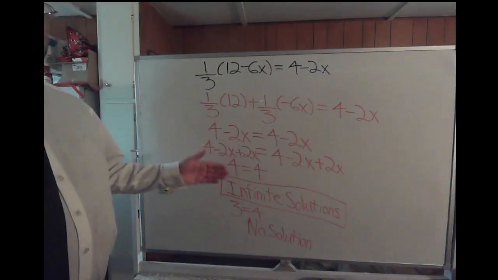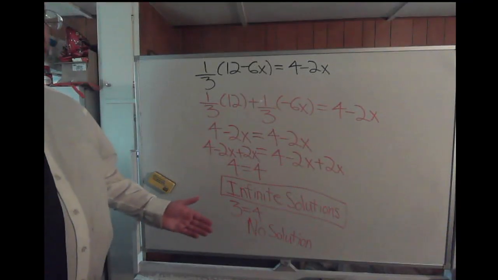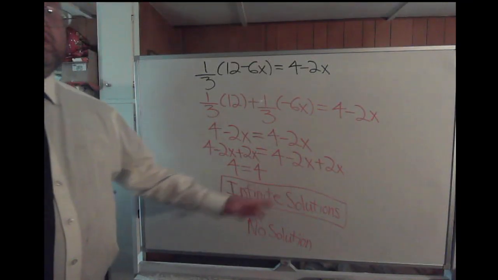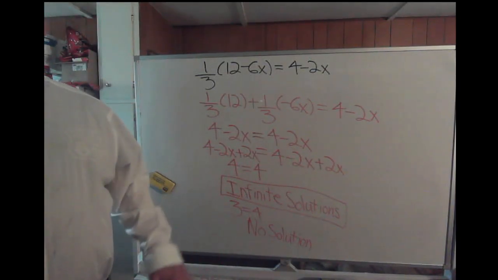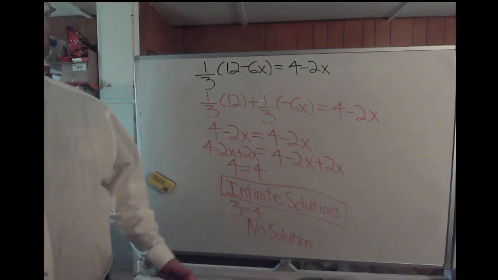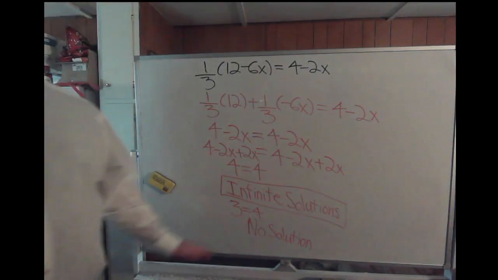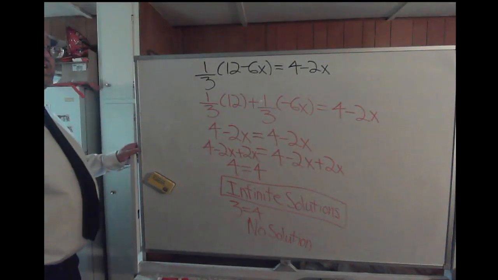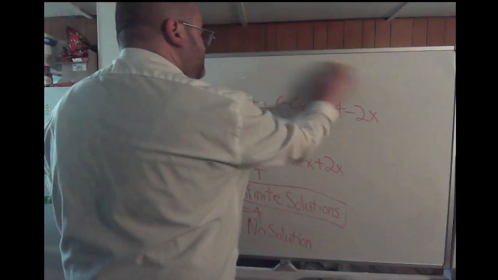You could have 1 equals 1, 500 equals 500, 0 equals 0. If you get a true statement and that's all you get, you have infinite solutions. If you get a false statement, such as 3 equals 4, 7 equals 59, 0 equals -1, there's no solution to the equation then. So you will have cases where you'll have infinitely many solutions or no solution.